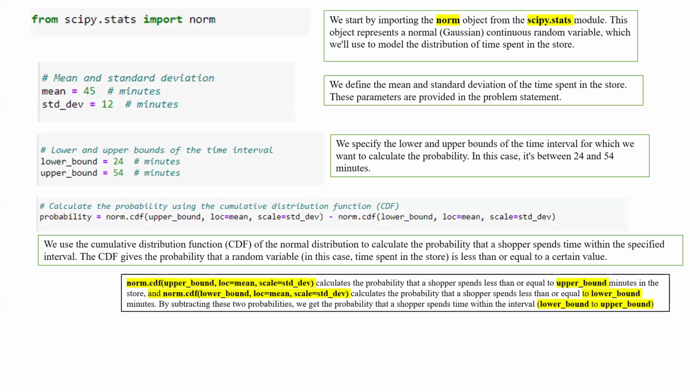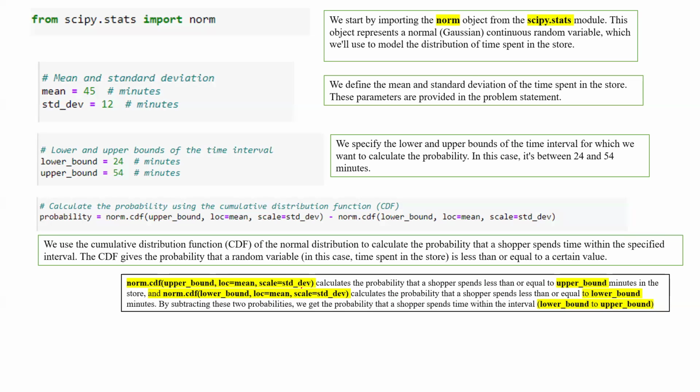Norm.cdf upper bound, with parameter loc equal to mean and scale equal to standard deviation, calculates the probability that the shopper spends less than or equal to the upper bound minutes in the store. And norm.cdf lower bound calculates the probability that the shopper spends less than or equal to the lower bound.